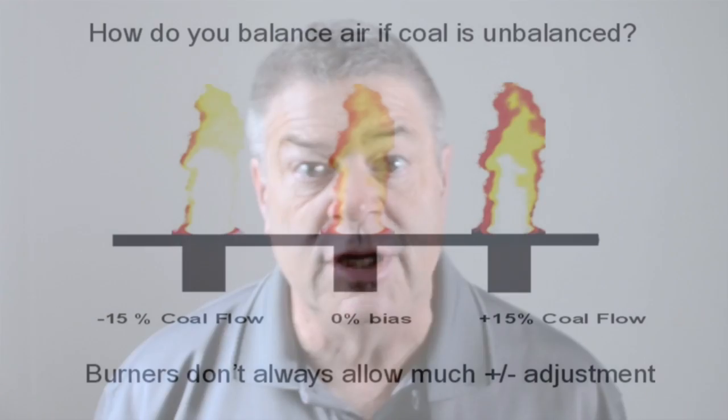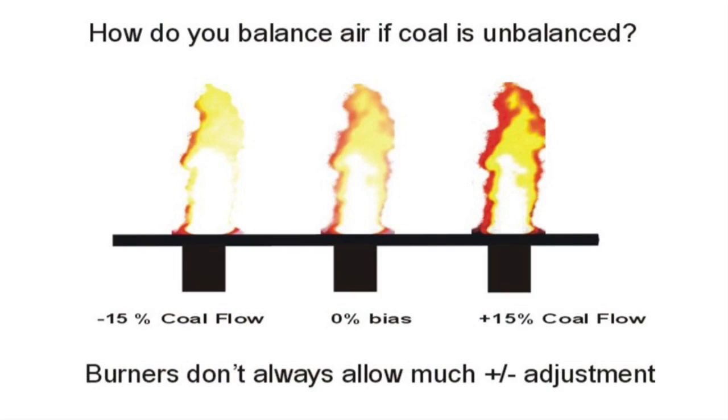I have tried to balance the airflows on a boiler numerous times to try to get rid of this O2 split, and I've generally been unsuccessful at doing that. And the reason why, I think now, is that the coal flow is imbalanced. And coal flow gets imbalanced particularly when you have a large amount of coarse material.